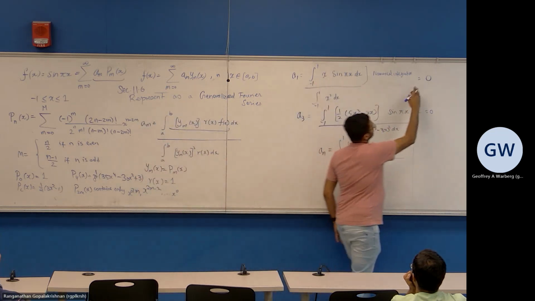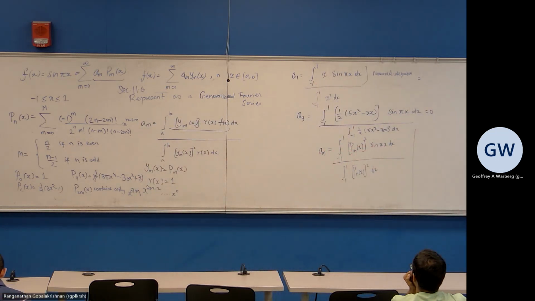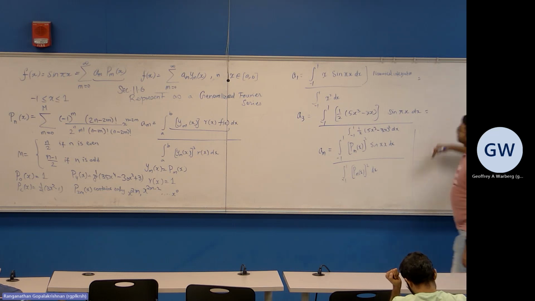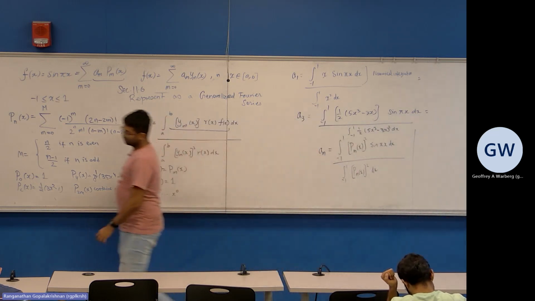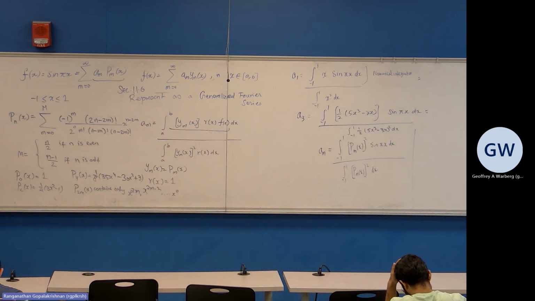In fact, the answers to this particular example are also discussed as an example in the book, which happens to be example 1. Under example 1, you can find the values of A1, A3, and so on.